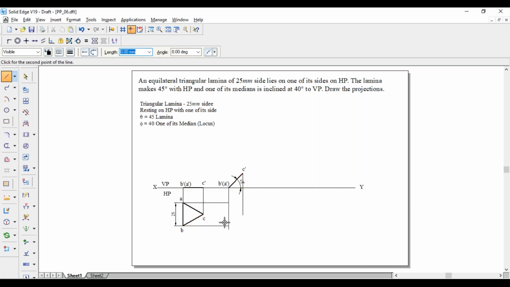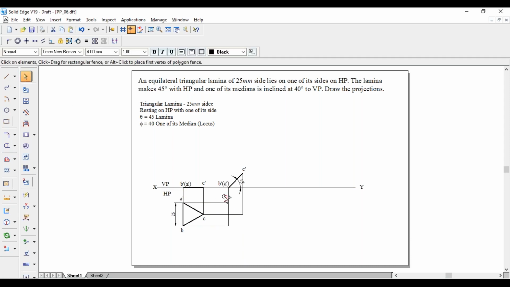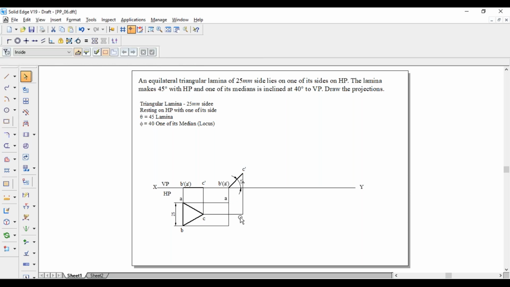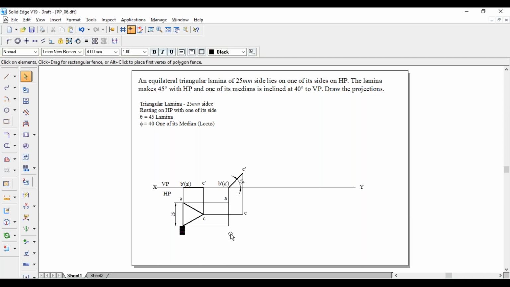Till this line, project the line from C. So C has to come till this one. This will be A. This is C, whereas this one is B. Join all the 3 points with thick lines.